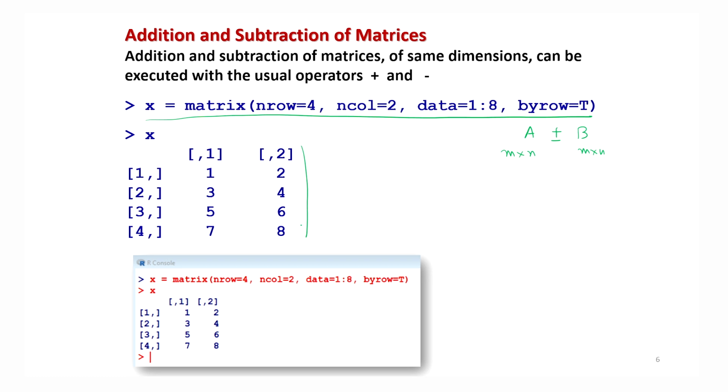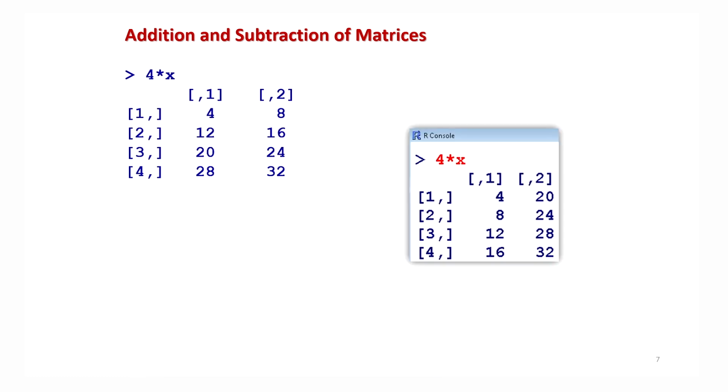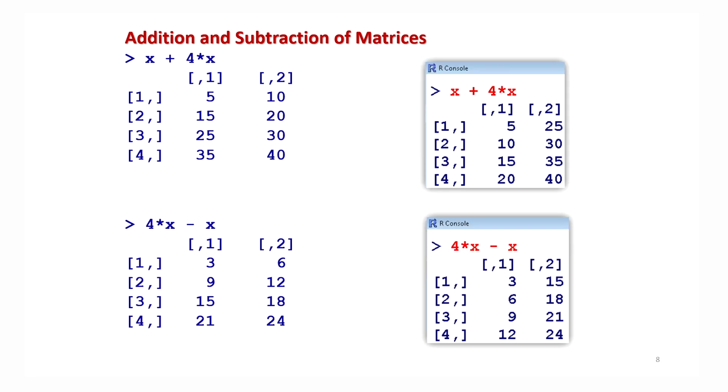Now I need another matrix which is also of the same order. So one simple option is that I can multiply this matrix by 4. So this will again remain the same order, 4 by 2, and then I add and subtract them.